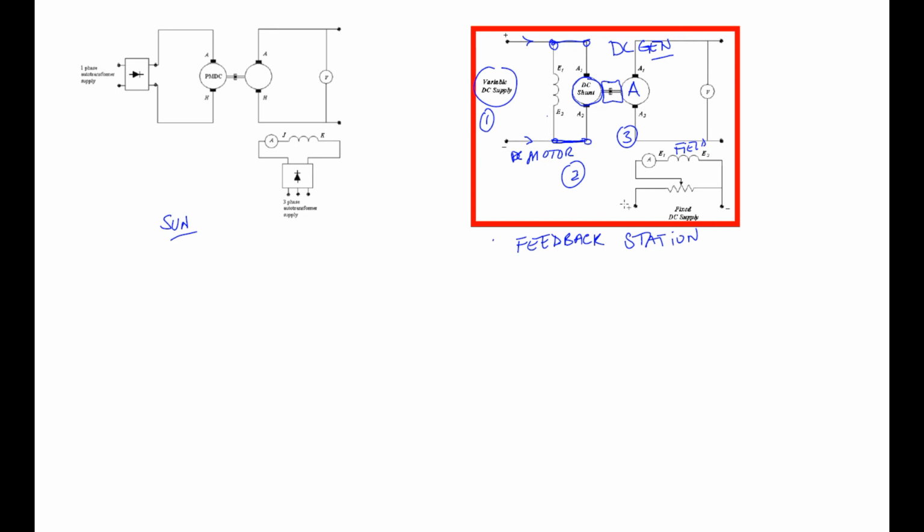And for the other one, since we have a fixed DC, we'll be supplying this field winding through a rheostat, which will transform the fixed DC into variable DC. This will be shown in my explanation shortly. So this is a rheostat for variable DC, the part number 4.